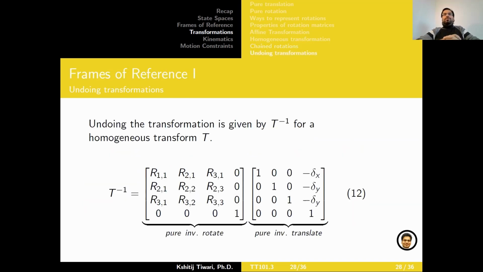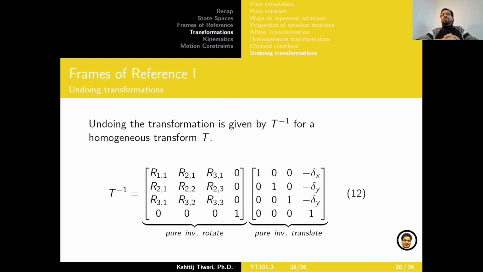Okay, so we looked into translation, rotation, affine transforms, homogeneous transforms, chain rotation. So you basically looked into various ways of transformations. Now, transformations give you a way to rotate a vector and to find relationships between different coordinate frames. But what if you want to undo the transformation?